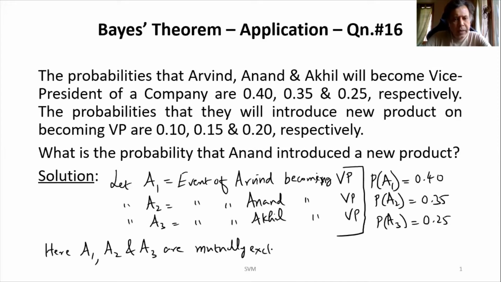Because it satisfies that mutually exclusive events definition. Now let me add these three probabilities. I will get 1. That means these are the only possible outcomes which can happen. Means these are the probable candidates to become a VP. So I can also add these A1, A2, A3 are mutually exclusive and exhaustive.